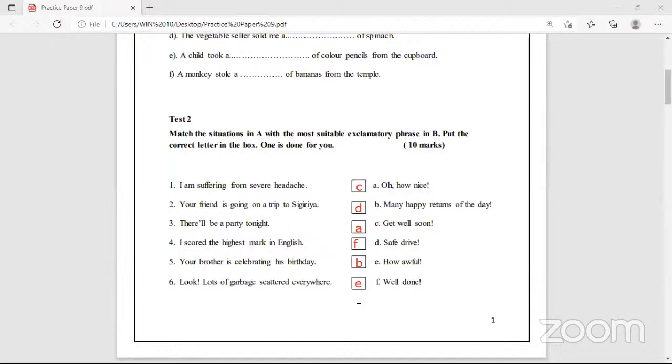I will keep these answers for a few seconds, and please do question number 3. I will share the answers, so you can take a screenshot from this question also.